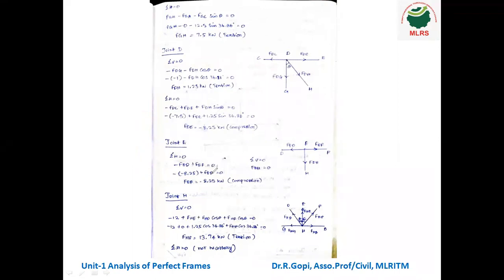We can get FHF. In this problem, in this joint, a 12 kilonewton load is acting.